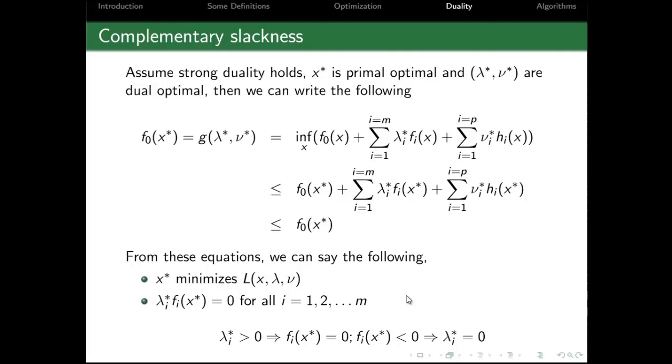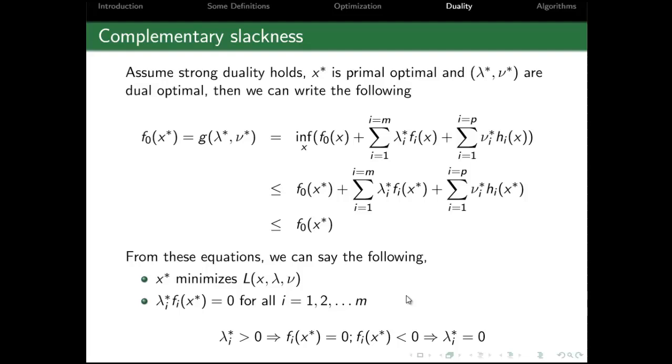Now we look at complementary slackness. Assume strong duality holds, and x star is the primal optimal variable and lambda star, nu star are the dual optimal variables. When strong duality holds, we know that f naught at x star is equal to g at lambda star, nu star. By expanding g by its definition and looking at some simple inequalities, we reach the conclusion that for all i, lambda_i star f_i of x star should be 0.